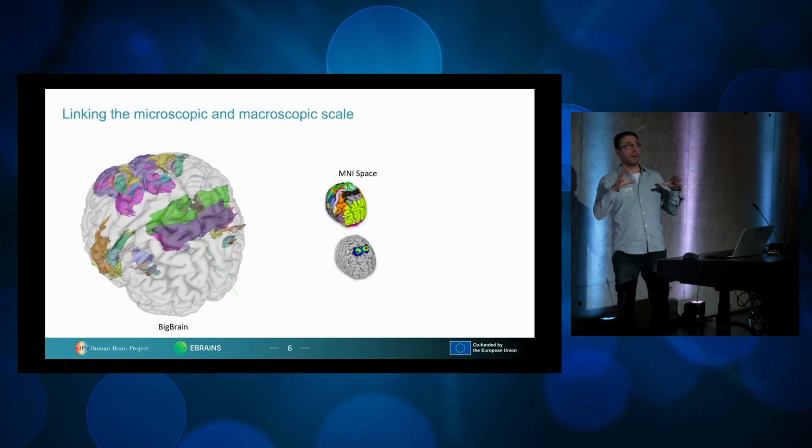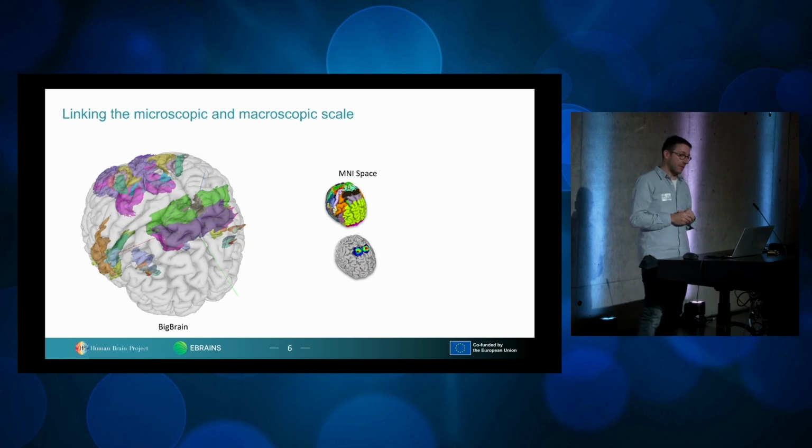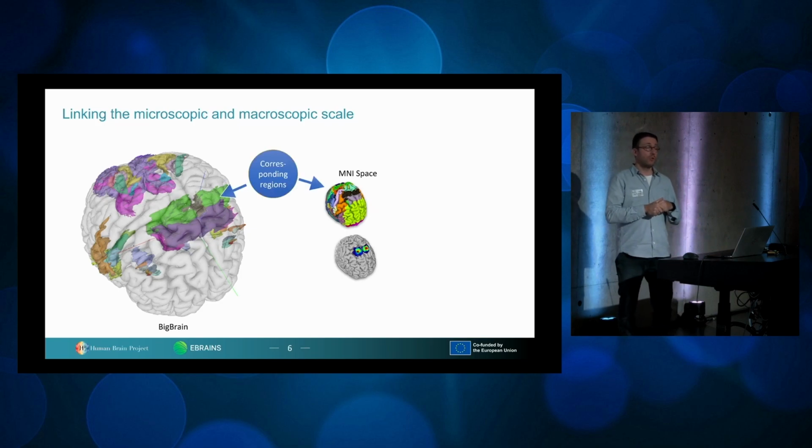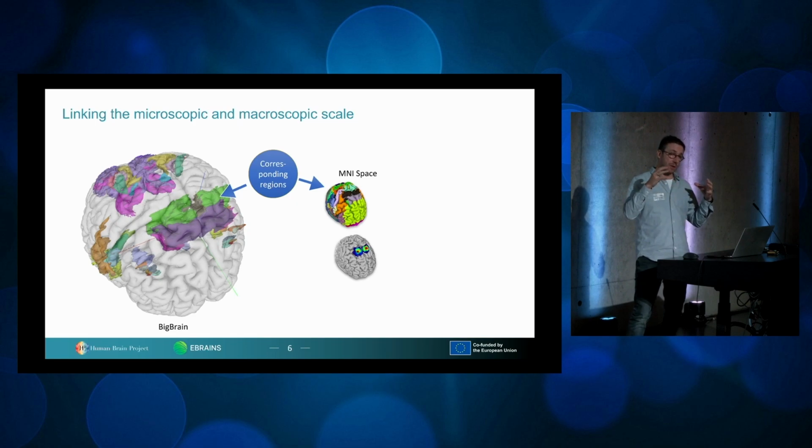For this to work, we have to connect things. And there are different ways of connecting, for example, across the scales. And one way is, of course, to have different reference spaces, like a surface space, the MNI volumetric space. We also consider the BigBrain model as a reference space of a particular brain defined with very high resolution.